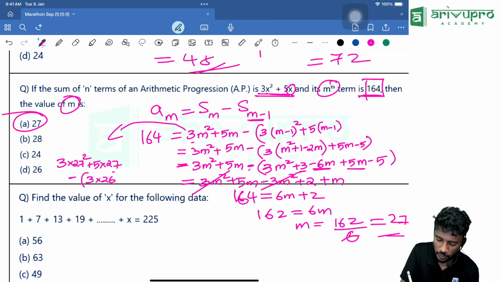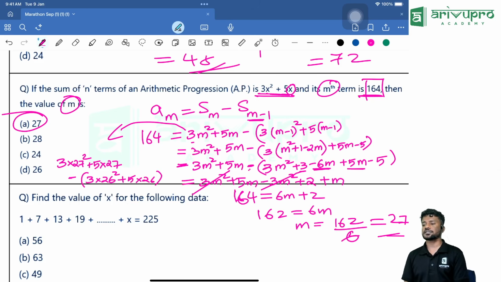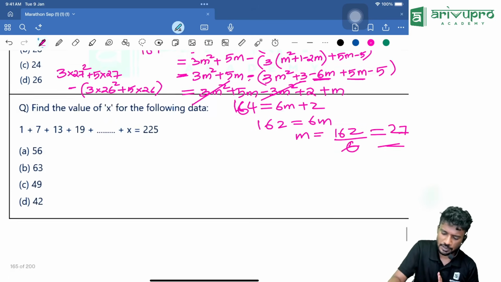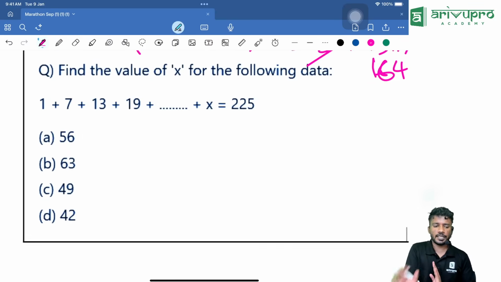You will get 164. If you get 164, that's your answer. Understood, people? Both ways you can do it. If you don't know how to simplify things, then you can always option hit. Now, can you do the next question?